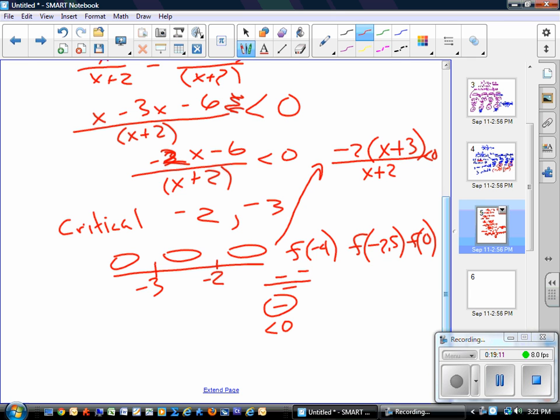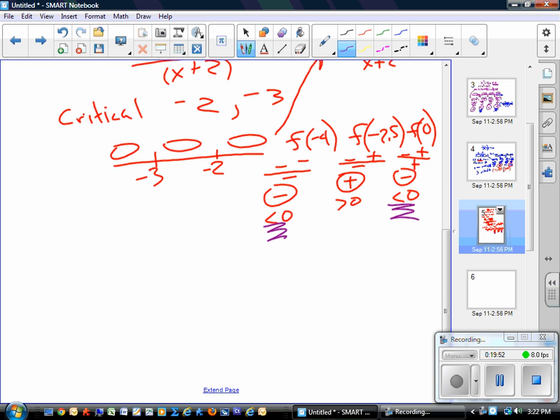When I plug in a -2.5, I have a negative from the -2, positive from plugging into the numerator, and a negative from the denominator, which gives me a positive in the end, which is greater than 0. Finally, plugging in a 0, I get a negative from the -2, positive from plugging in the 0 in the numerator, and a positive from plugging in the 0 in the denominator. Gets me a negative overall, which is less than 0. I want to know where my values are less than 0. So in that case, I'm concerned about this area here and this area right here.